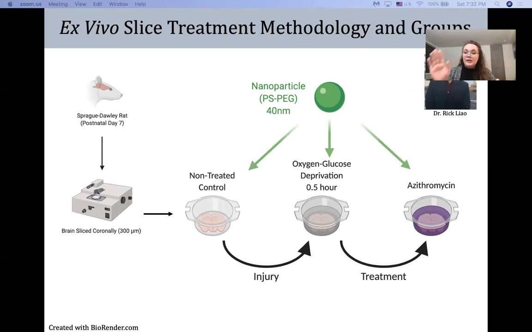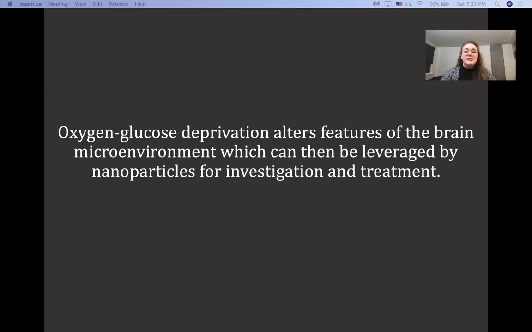And all of this methodology relates via the hypothesis that oxygen glucose deprivation alters features of the brain microenvironment, which can then be leveraged by nanoparticles for investigation and treatment.